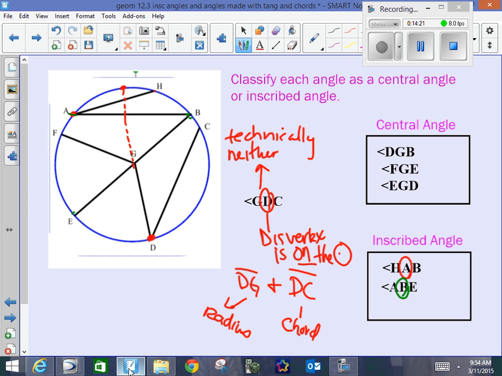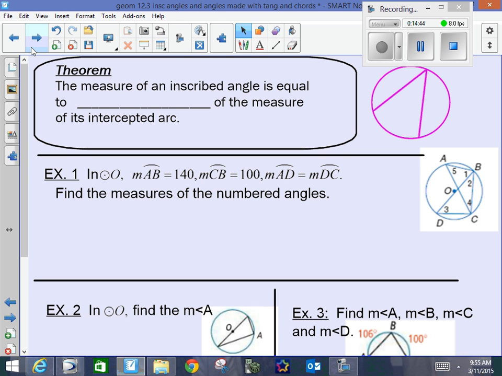But we wouldn't be able to find its measure unless we knew its intersected arc, and it doesn't have an intersected arc unless it intersects the circle. If you haven't noticed, intercept and intersect sometimes get interchanged. It's okay to do that.